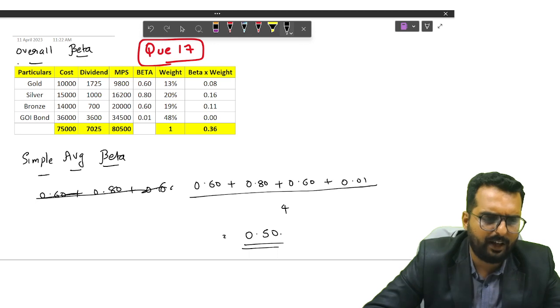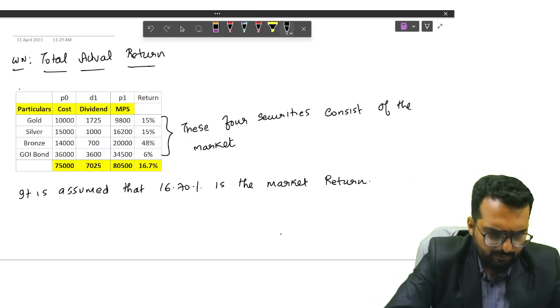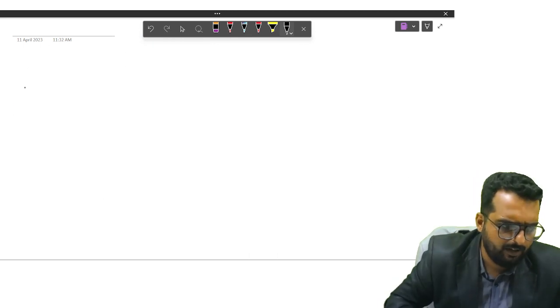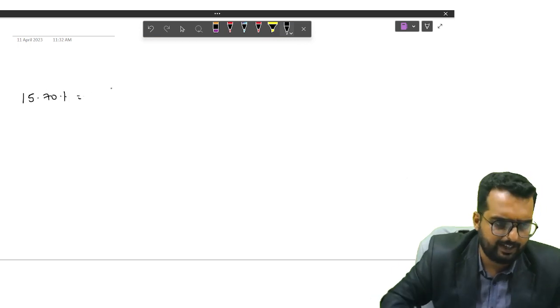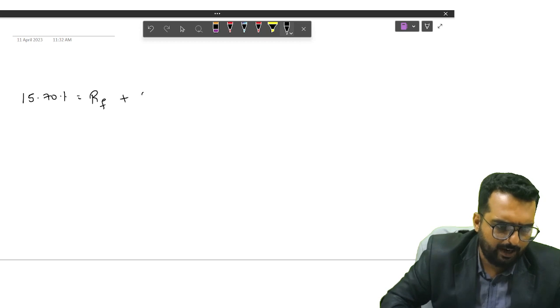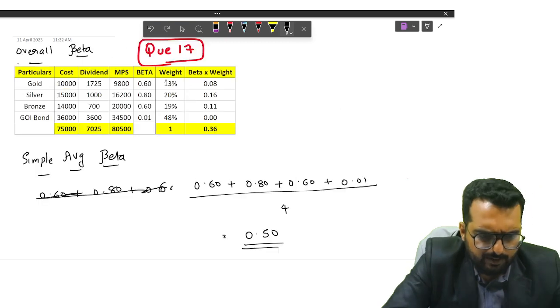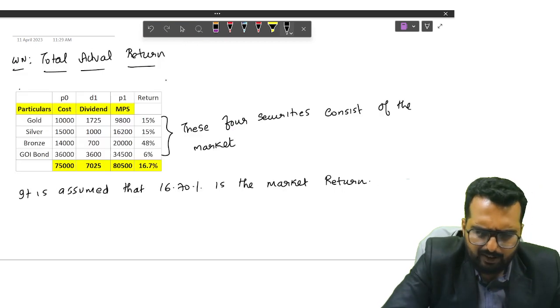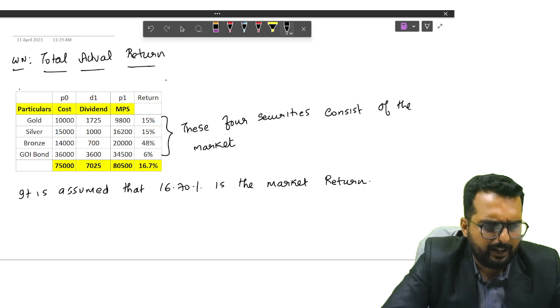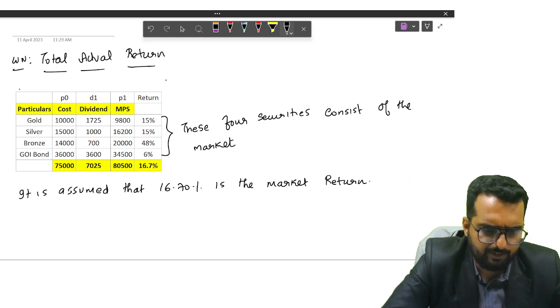Now what they have done is, the moment they got this, they are saying 15.7 has been taken as the overall return of the entire thing is equal to RF plus beta into RM. Hold on. How much was the RM that they have got over here? 16.7. Yes, we also got the answer as 16.7.